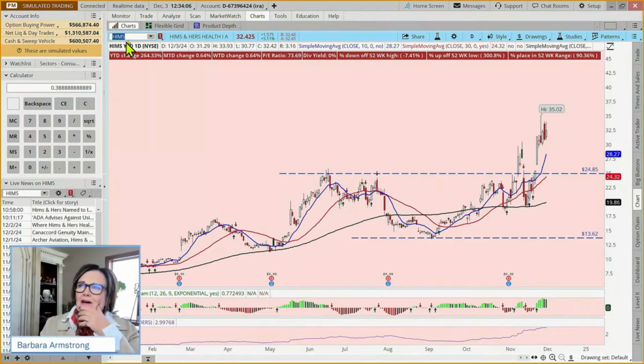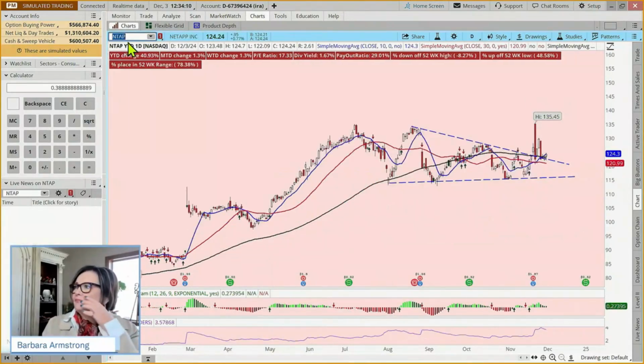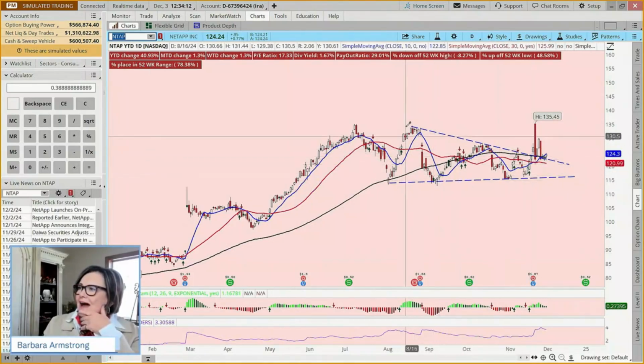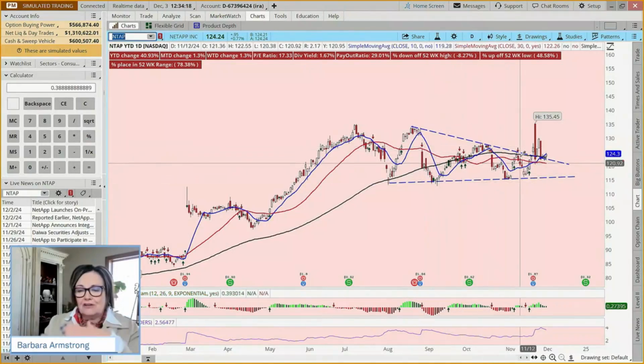Now, what about a pennant pattern? So here's NTAP. And we had this series of higher lows but lower highs, and it creates kind of a squeeze. And then you're looking for it to break out one way or the other. And with this kind of pattern, how might one measure a target?